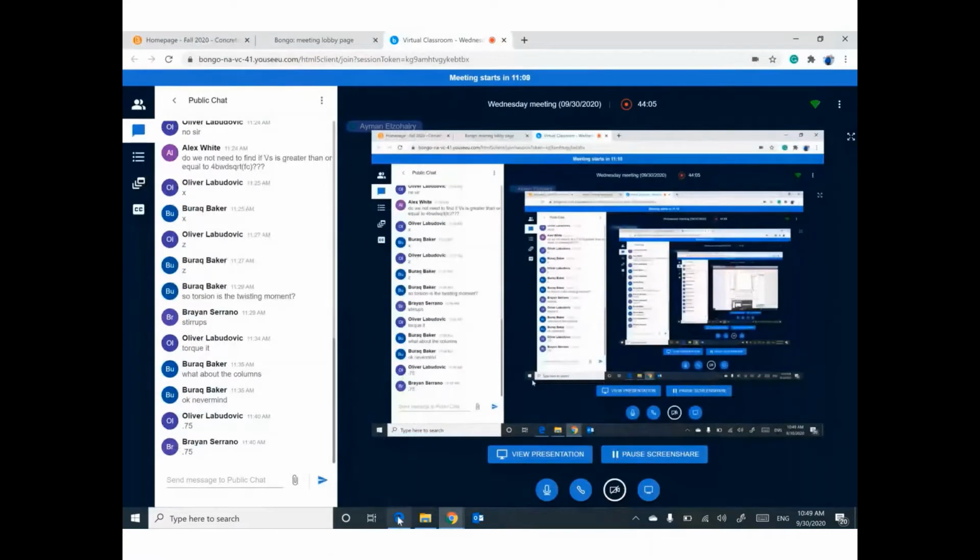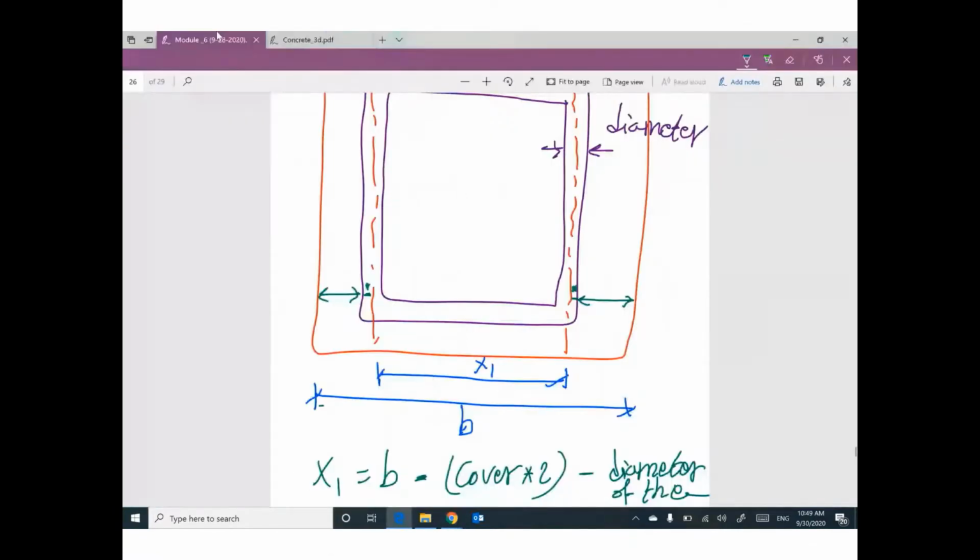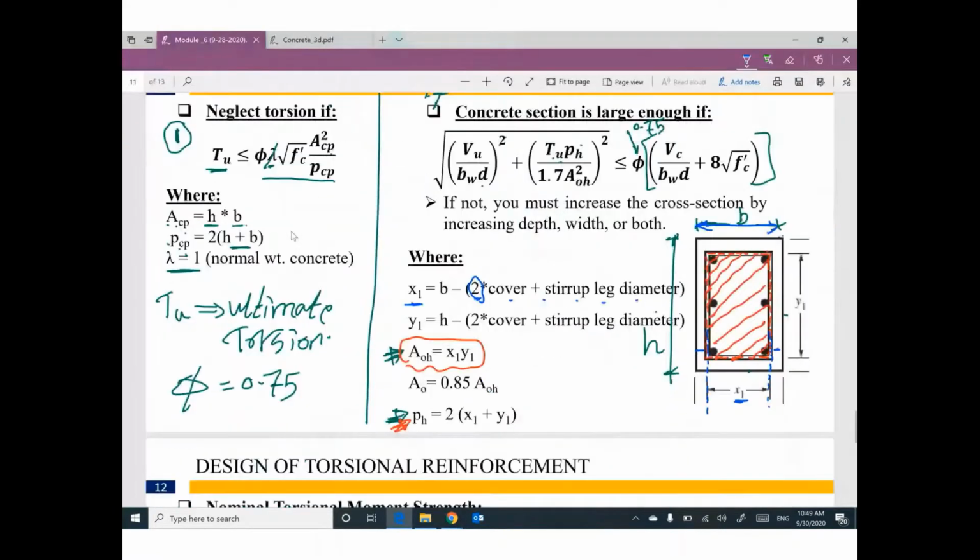Okay, looks good. The same also for Y. If you would like to get the Y1 distance, it will be the total H minus cover here, cover here, half diameter, half diameter, so your Y1 will be like this. If you multiply X1 times Y1, which is the area of this shape, it will be Aoh.